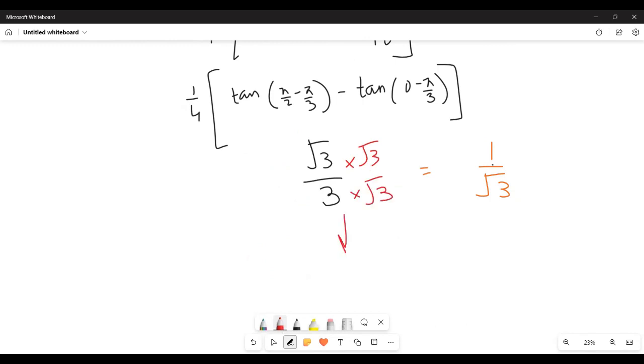Then in the numerator you get a 3, and in the denominator you get 3 square root of 3, which becomes this. But the first answer that the calculator will give you would be this. So you have to convert it. You can also write it directly, but if you show the working, it's better.